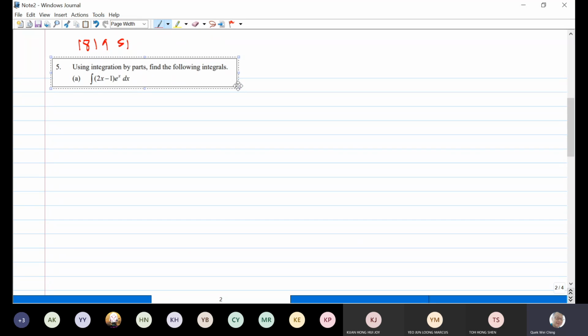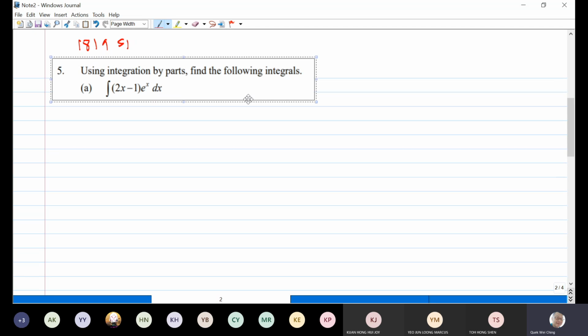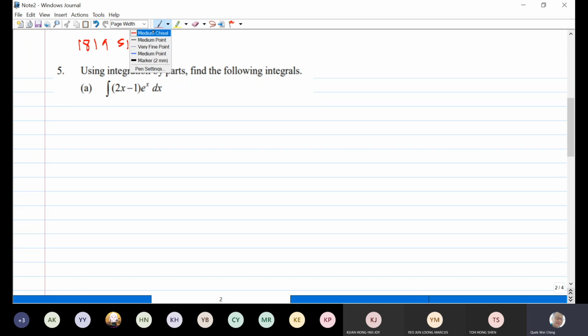This one they tell you to do by parts. So by parts you must follow the rule, right? The rule tells you LIATE.